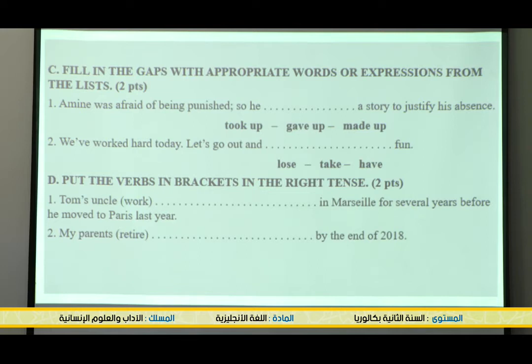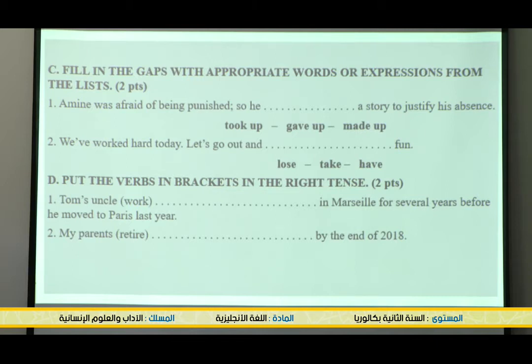Fill in the gaps with appropriate words or expressions from the list. Number 1, Amin was afraid of being punished, so he gap a story to justify his absence. And here you have 3 phrasal verbs: took up, gave up, and made up.